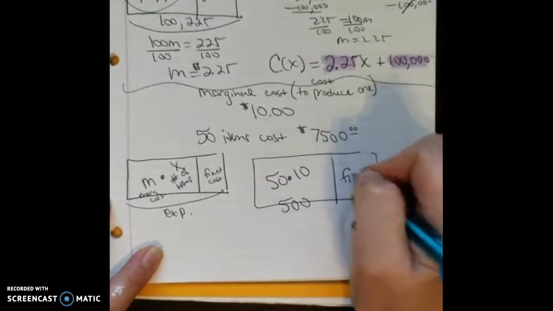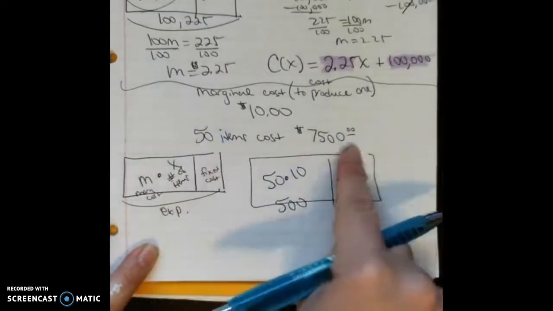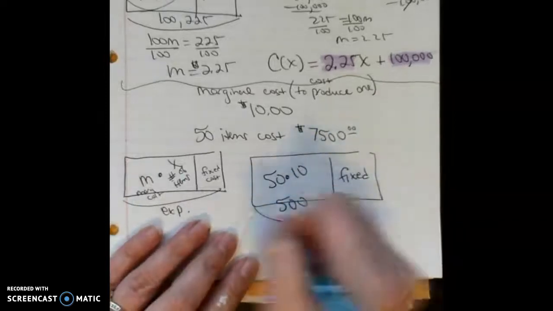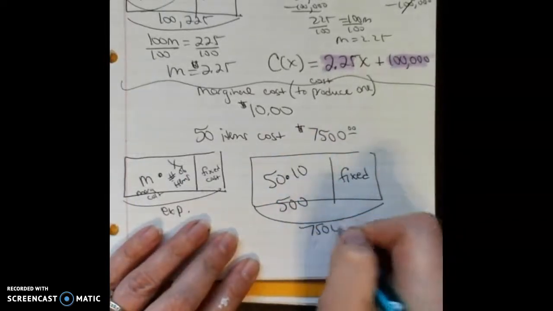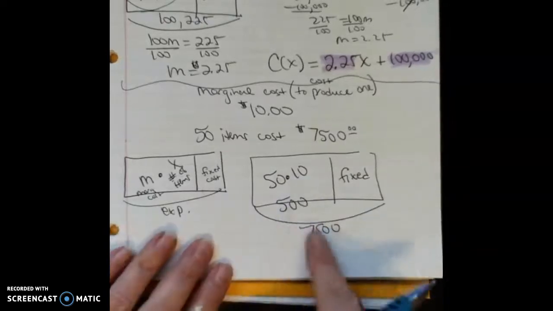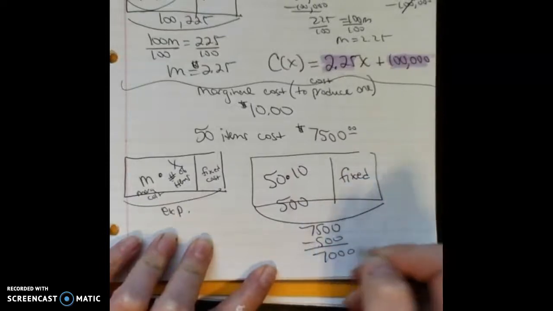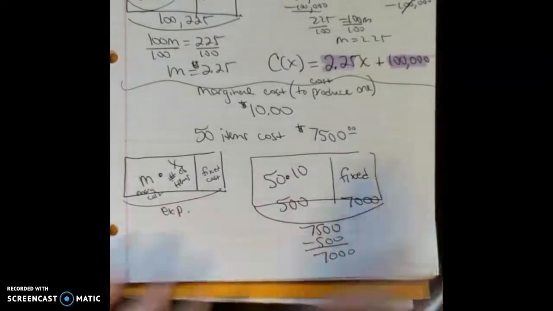Now my fixed cost, I don't really know. But notice this time I do know my total expenses are $7,500. So if I subtract these, so subtract the 500, then it looks like my fixed costs have to be $7,000.